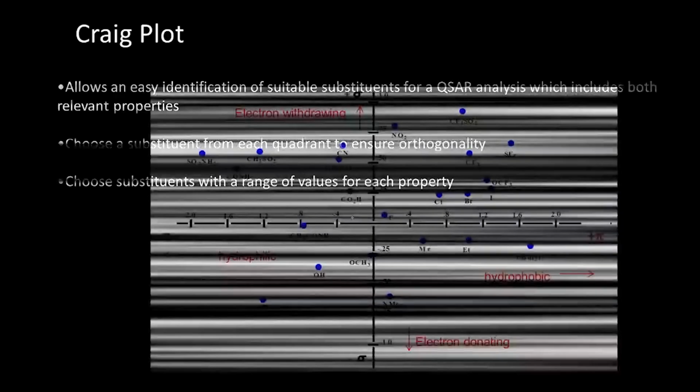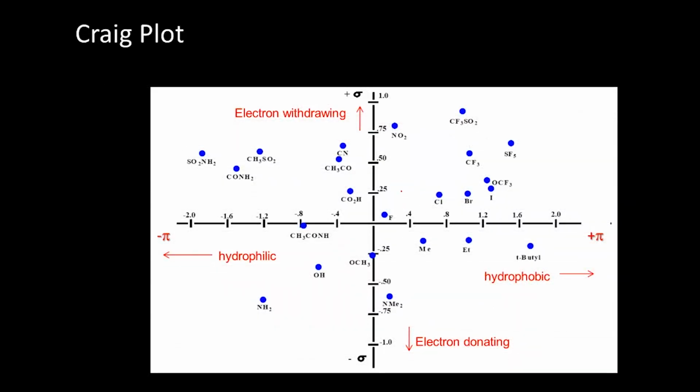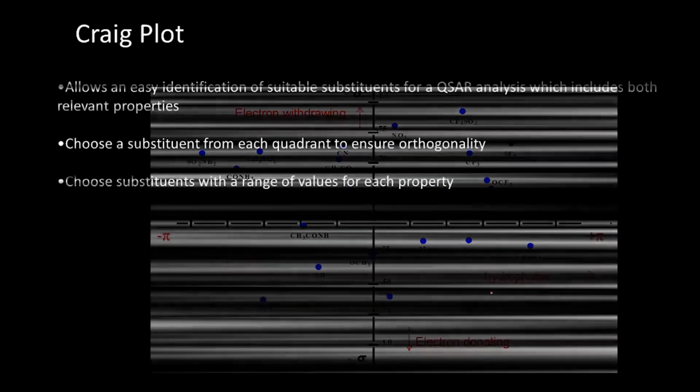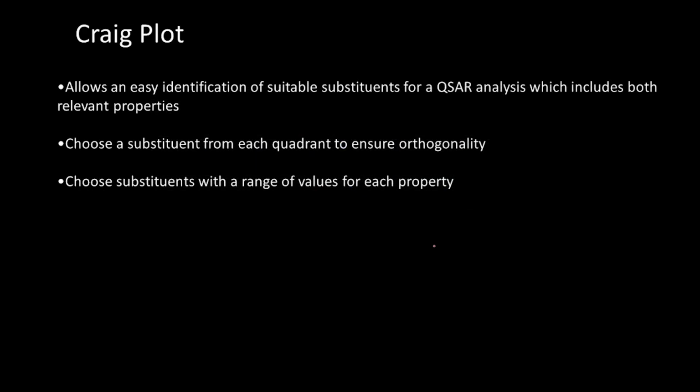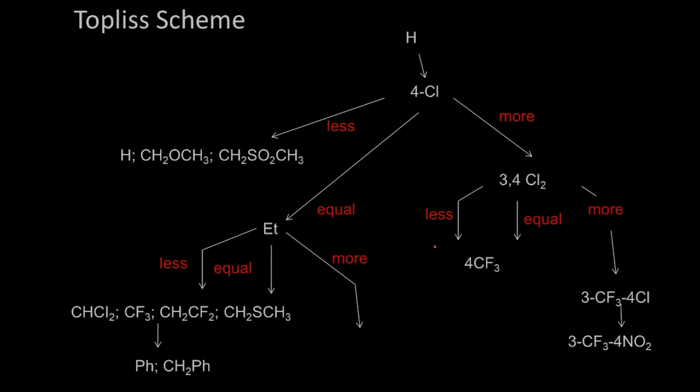So I can choose substituents from groups here, from here, from the bottom, from this. That way I will keep orthogonality. And also I can choose one low, one high, one low, one high, so I can get the range also into the picture. Range of values. So that's the advantage of that particular figure.